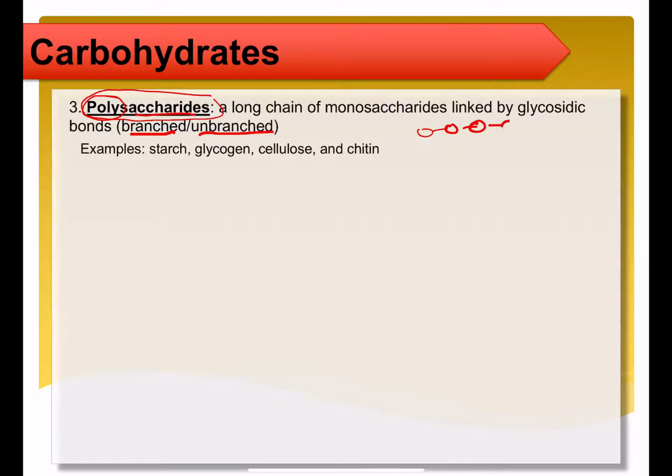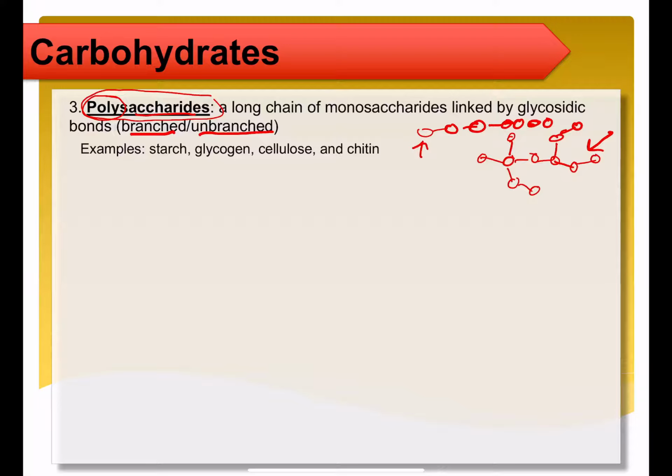They can be long chains, of course, but sometimes they can be like this and then start branching off some more as well. So this is what we mean by branched versus unbranched, depending on how the monosaccharides are coming together and which particular polysaccharide they are.